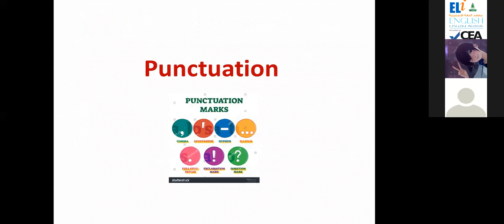The punctuation, what do you know about the punctuation before we move? From the picture, you can see question marks, examples, commas.